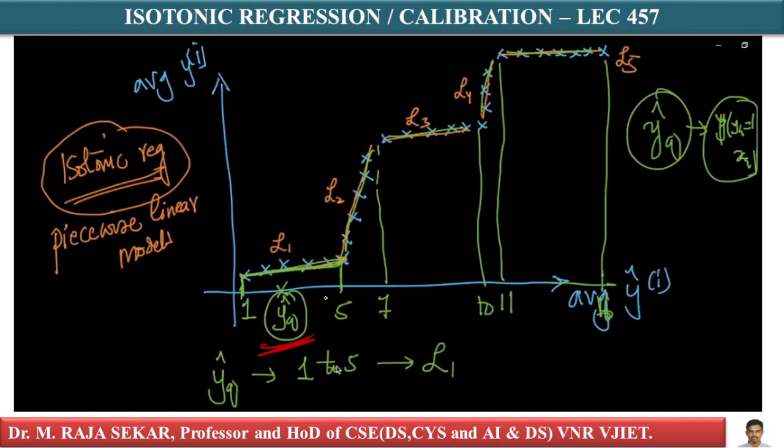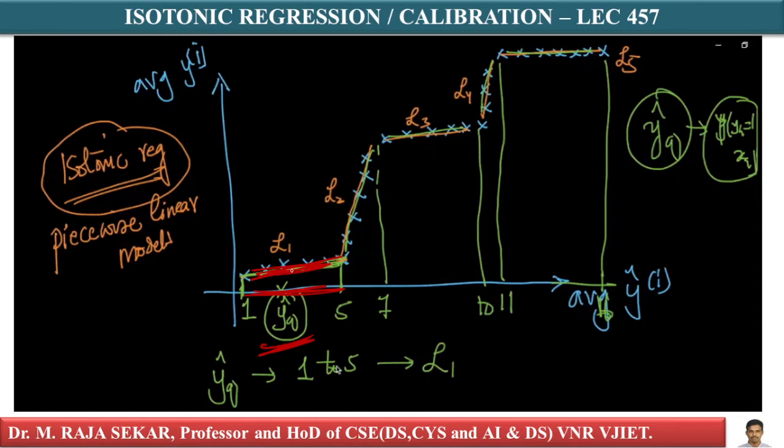First, I will check whether Yq hat lies between 1 and 5. If it lies between 1 and 5, I will use the equation of this line, L1.